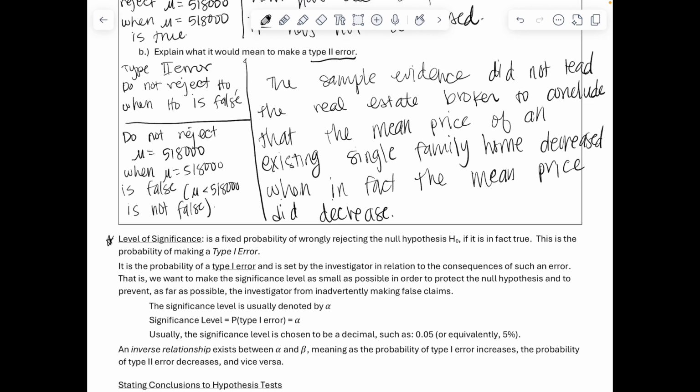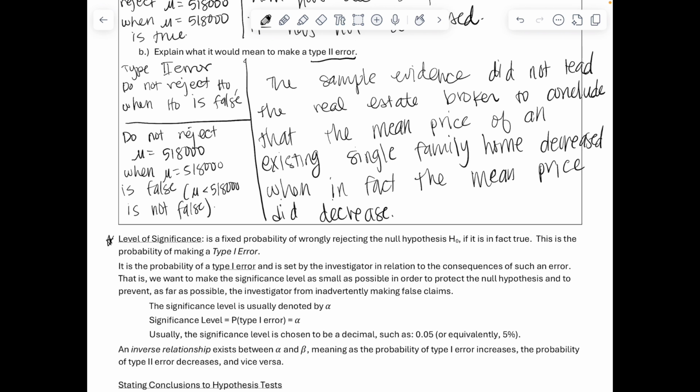So right below this we have the level of significance, and this is a fixed probability of wrongly rejecting the null hypothesis, H naught, if it is in fact true. This is the probability of making a type 1 error, and it is set by the investigator in relation to the consequences of such an error.